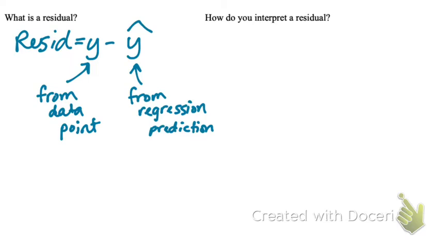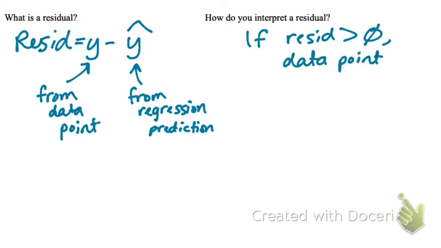Remember that if your residual is greater than 0, then the data point is above the line. This is on your blue interpretation sheet.